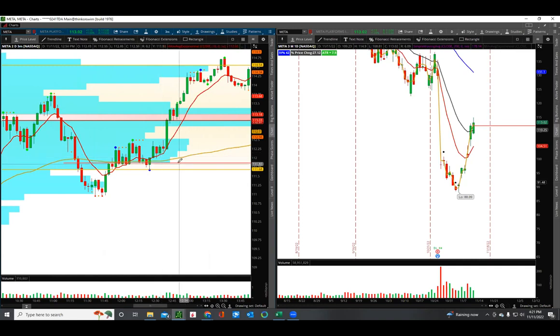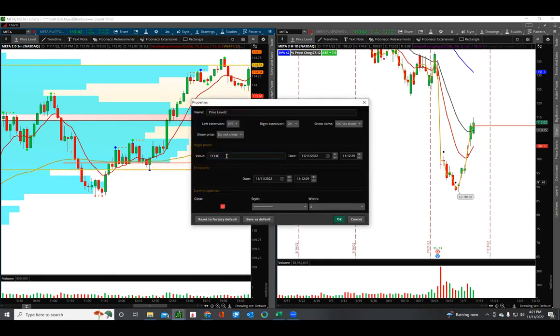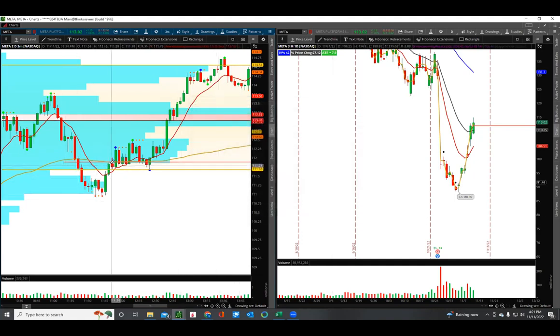So my original setup was right here, 111.88. I remember 111.88 was my original entry for this. This was to go long, right? And here's that candle. That was the bearish candle. That was the setup candle for the 10 EMA strategy.